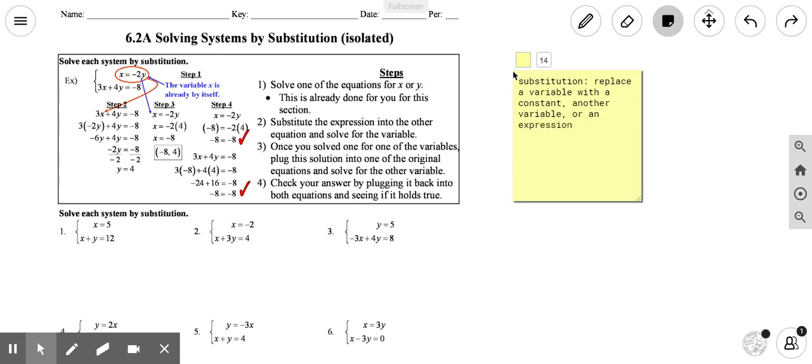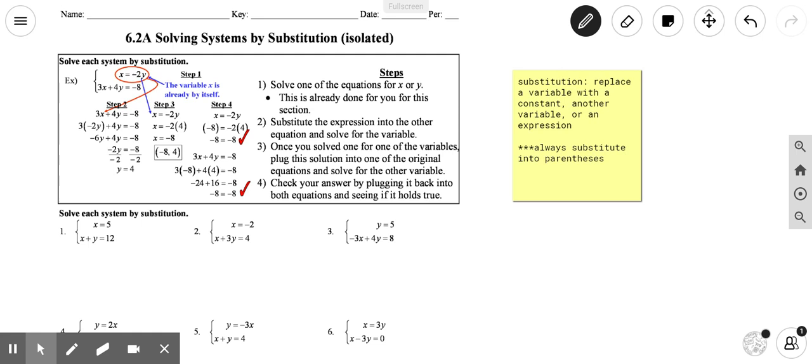Okay, so we can replace with a constant, a different variable, or a full expression. A note: always substitute into parentheses. Now, some of the time it will seem extraneous, not super necessary. However, at other times it is going to be extremely necessary, and you need to make sure that you're ready for that.